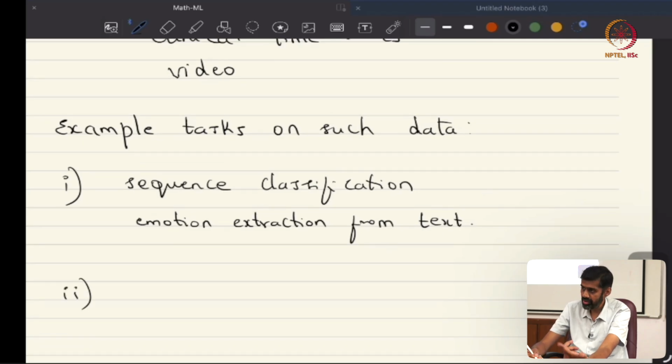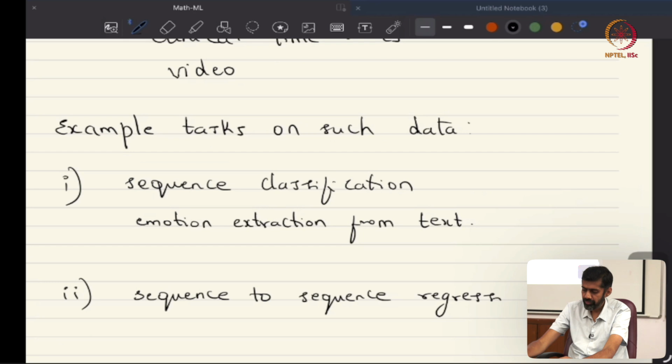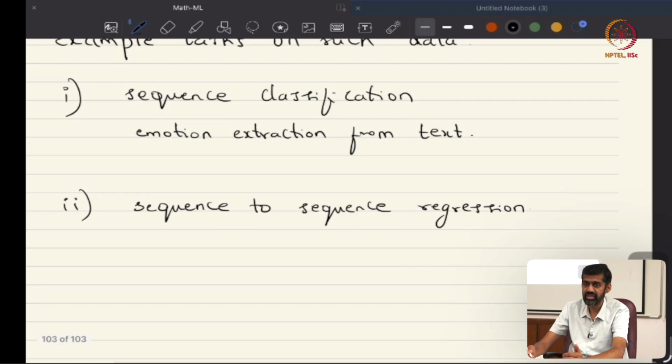The other, more prevalent kind of task that is considered is sequence to sequence regression. These are also called seq to seq tasks, okay, sequence to sequence regression tasks.